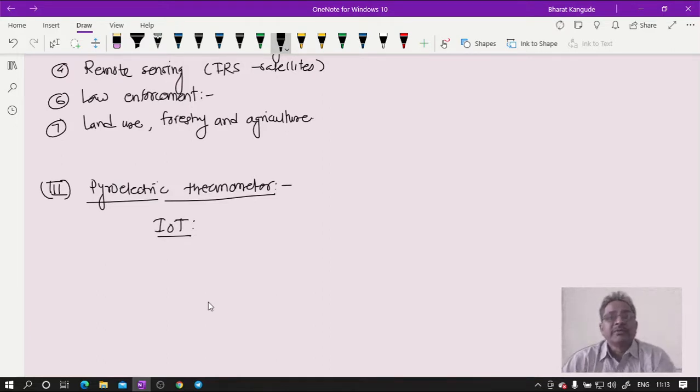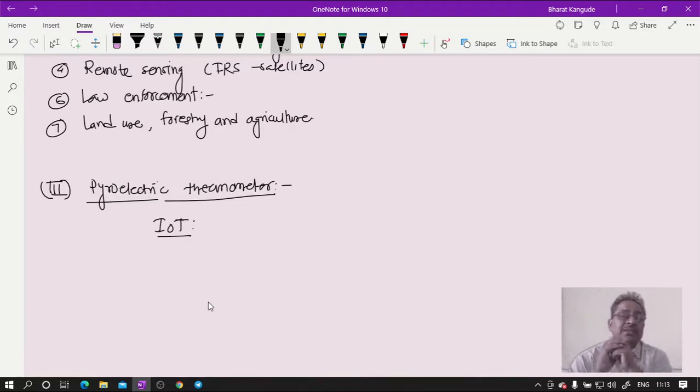For example, there is a commode, so whenever a person approaches that commode, it automatically opens up. So there are different types of sensors used, and these sensors are the pyroelectric sensors.